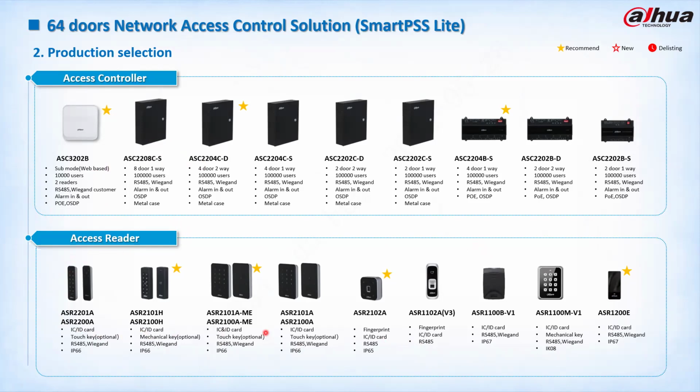All of these devices support either RS-485 interfaces or the Wiegand protocol interfaces to connect to the controller. Whichever is better for you, it is recommended to use one. But for our products, we recommend using RS-485 on both ends.